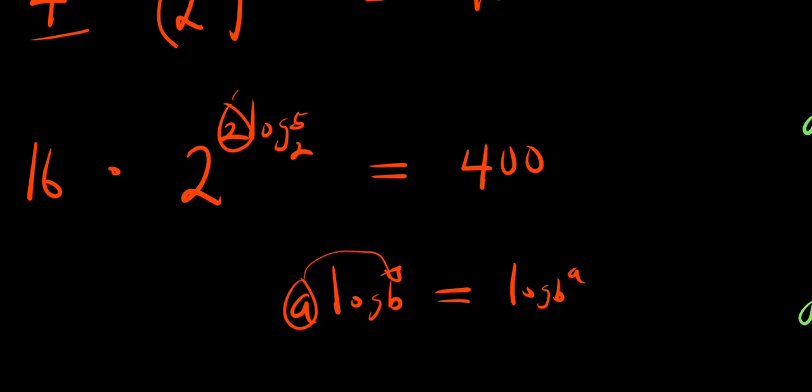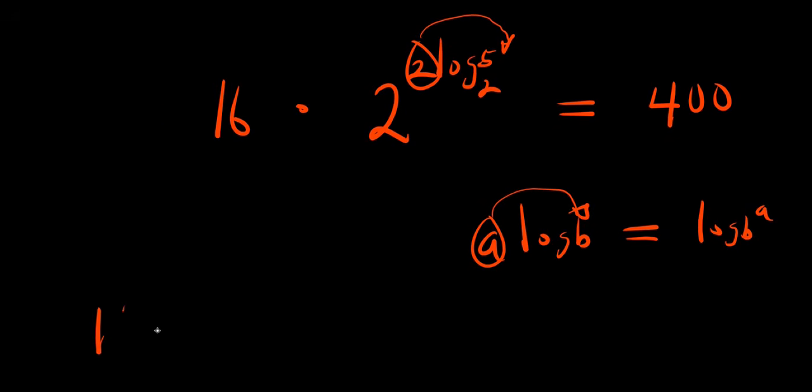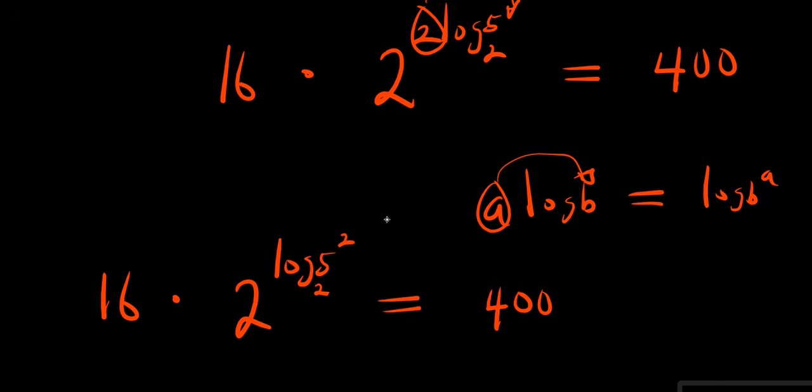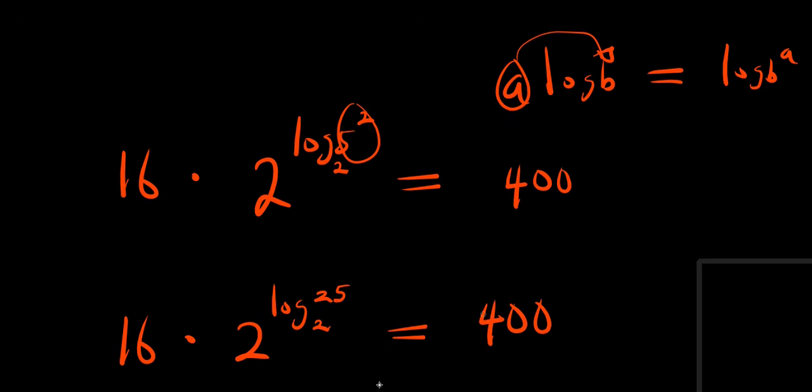So the 2 here will come on top of this, meaning that we are simply going to have 16 times 2 to the power of log 5 power 2, and this is to the base of 2, equals 400. And from here, we can have 16 times 2 to the power of log of 5 power 2, which is 25, to the base of 2 equals 400.